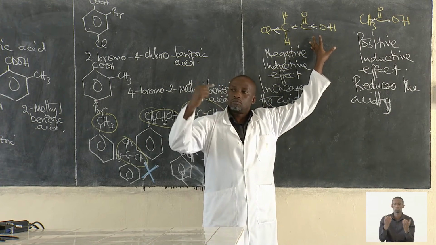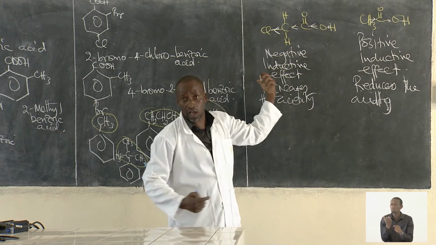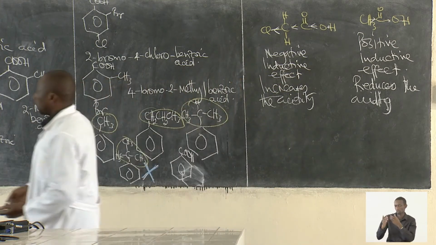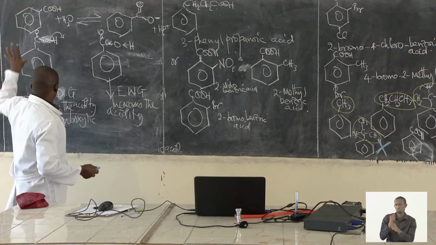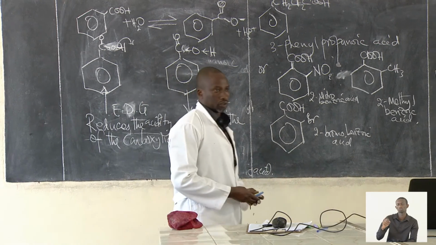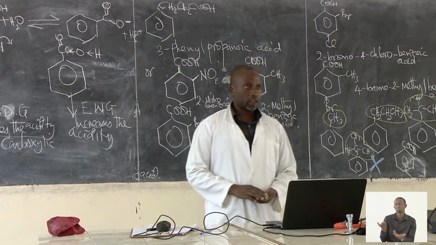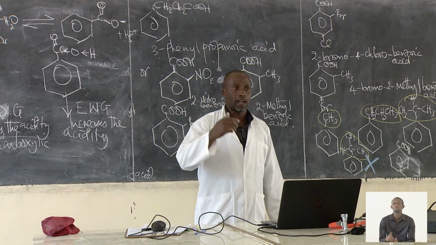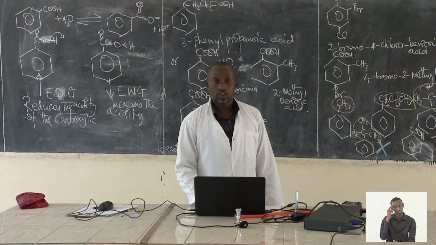So the same effects, but when we are comparing here, remember we use these terms: negative inductive effect, positive inductive effects. And when we are looking at these ones, we are talking about the electron withdrawing groups and electron donating groups. So those are some of the words that we use continuously. You need to remember that always.